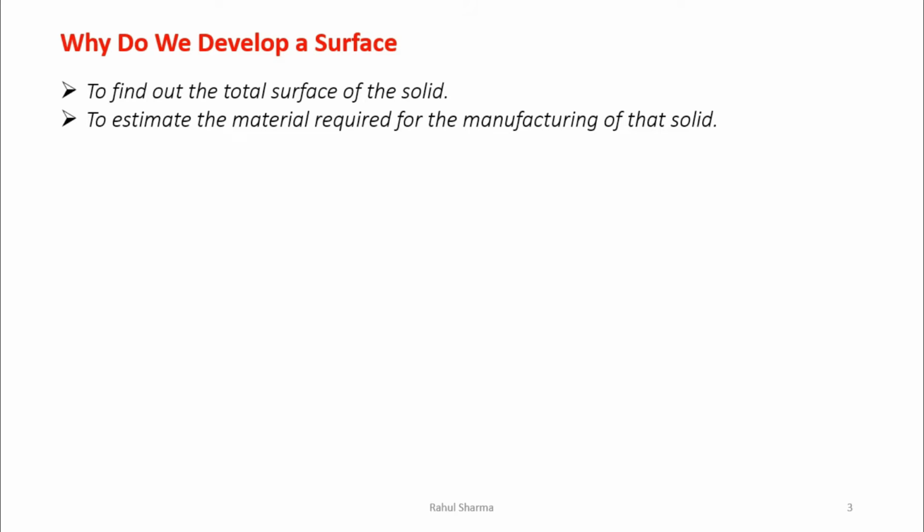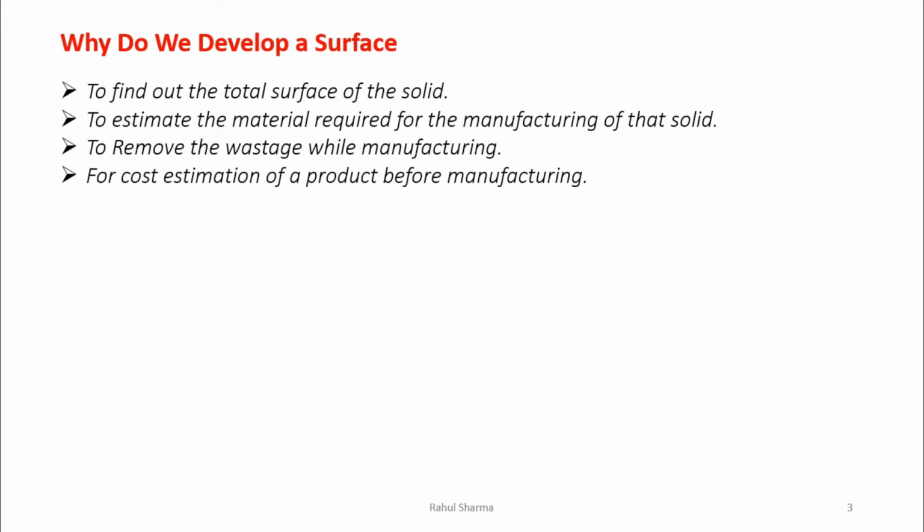Because after getting the material requirement, we can do a number of calculations, like we have to remove the wastage, from where we have to cut it from the raw material so that wastage should be minimized. Similarly, what is the cost? Whenever we have to make the actual car, what will be the manufacturing cost of that car?